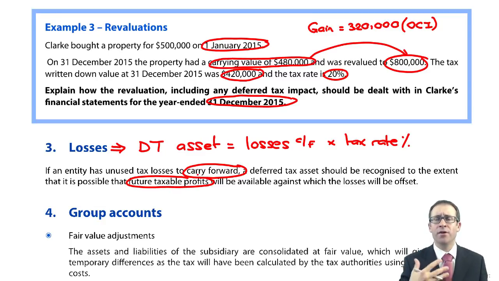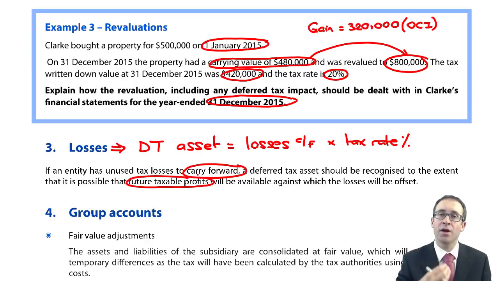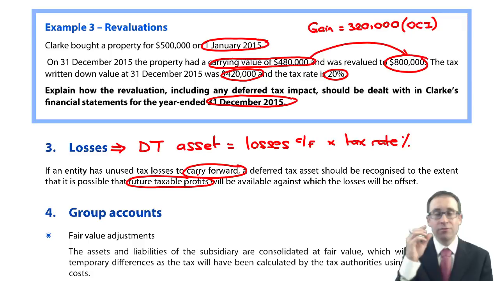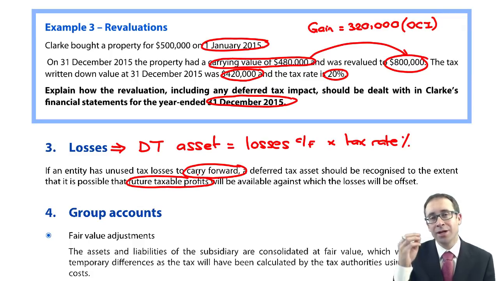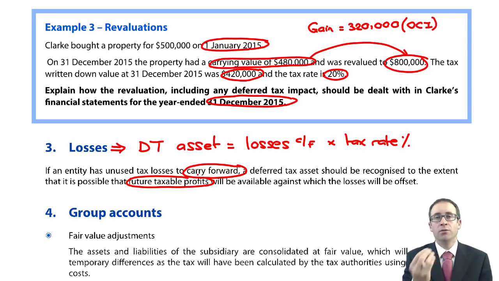As well as them being future taxable profits, they need to be operating profits, and not any other type of profits, whether that's capital profits, to go through and utilize those losses against. It has to be operating losses against operating profits. That's a really small part of deferred tax, but it's new, and these new things do tend to crop up. So do just be aware.